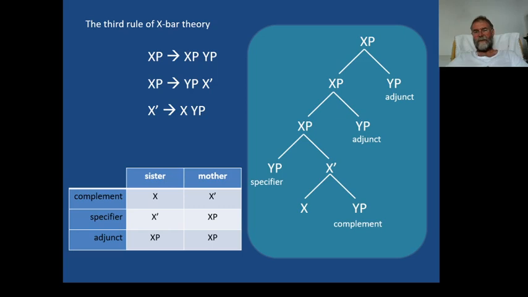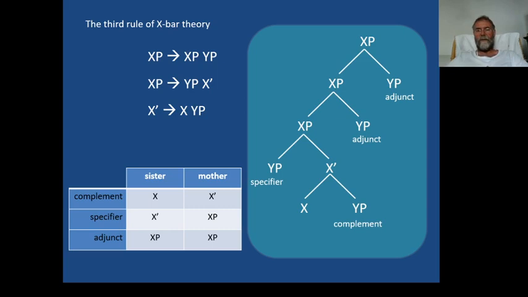Now, once you've seen that, we can start naming the relationships that hold between elements. So a node on a tree that gives birth to other nodes, i.e. that has direct branches coming out from that node, is called the mother. Okay, so of this whole structure here, the XP at the top is the mother of the next XP and the YP below it. Obviously, something which is given birth to by a mother is the daughter.